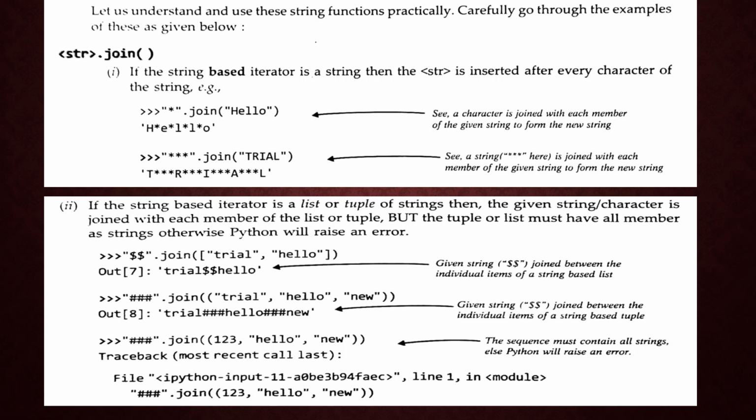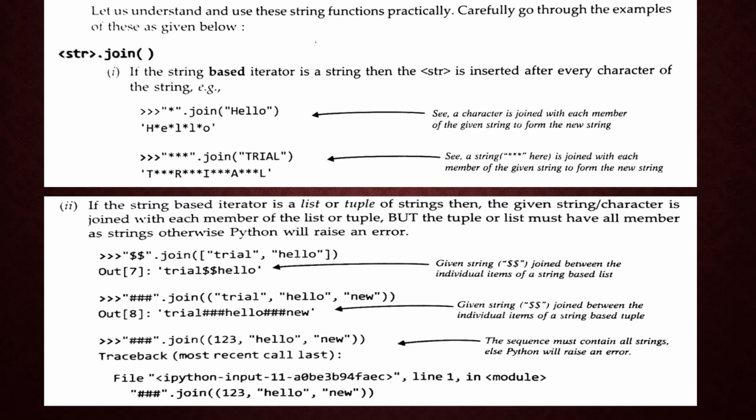See, the $ symbol is specified here. Dot join. Here trial is the first string, comma, hello. Trial is the first string, hello is the second string. So output will be trial $ hello, like this.